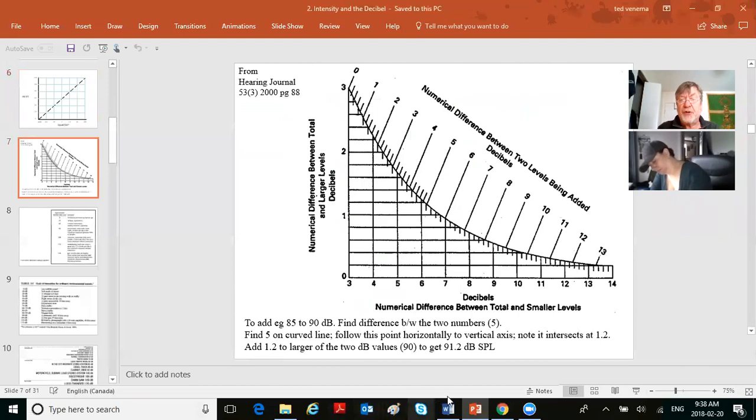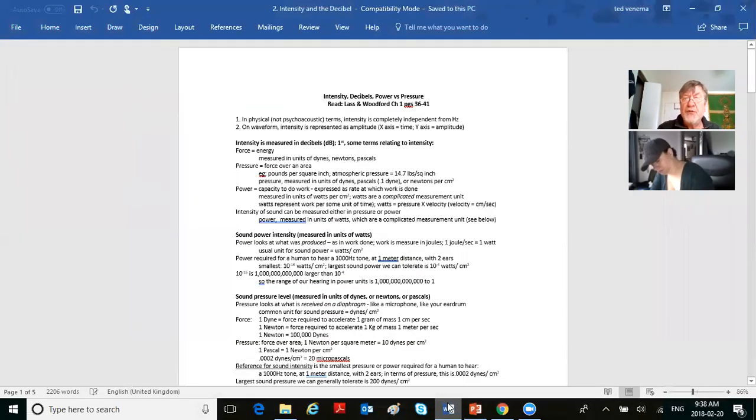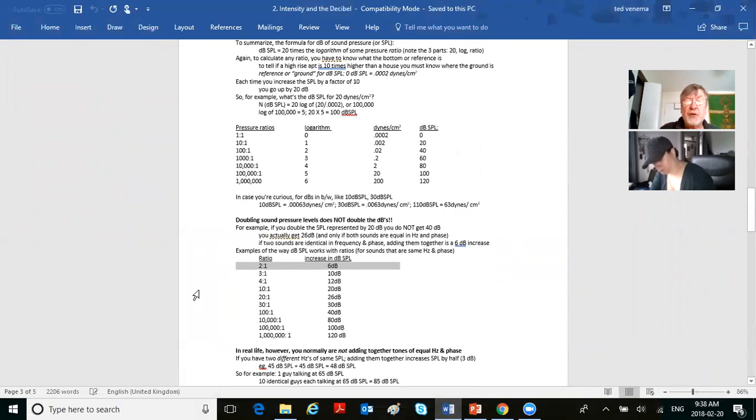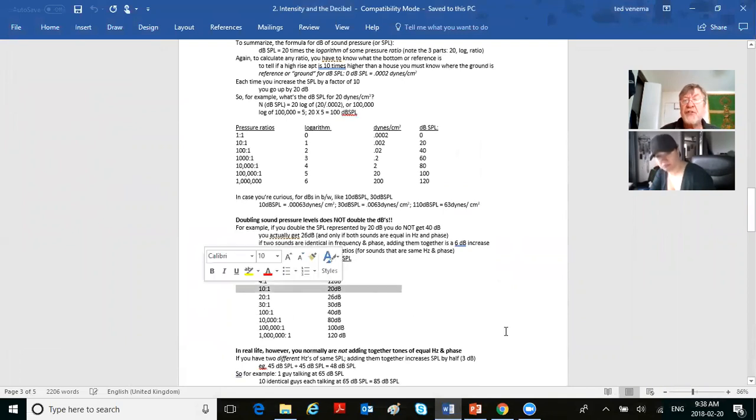And that's what we can say here. Basically, when you're looking at your good old notes, and you move on down here, you can see if you increase the pressure by a factor of 2 to 1, you've gone up 6 dB. If you've increased the sound pressure by a factor of 10 to 1, you've gone up 20. Okay?